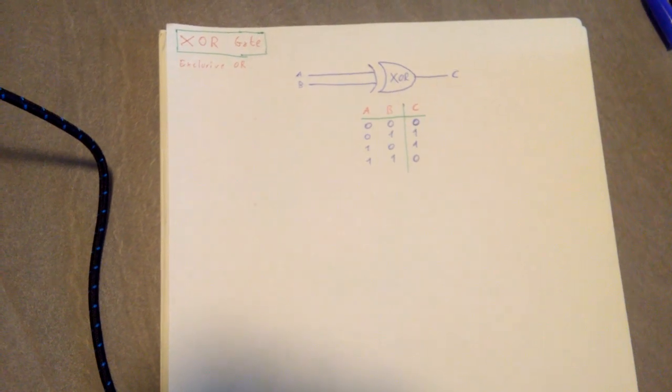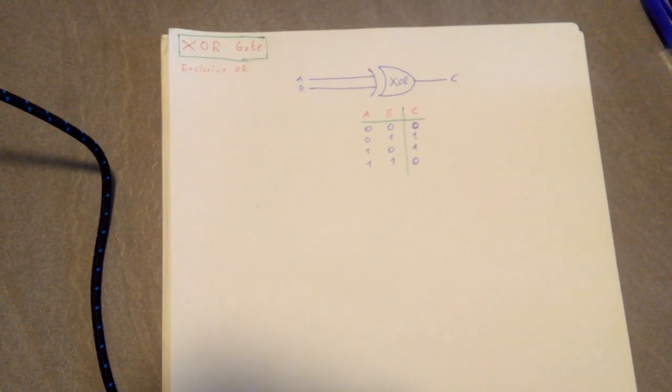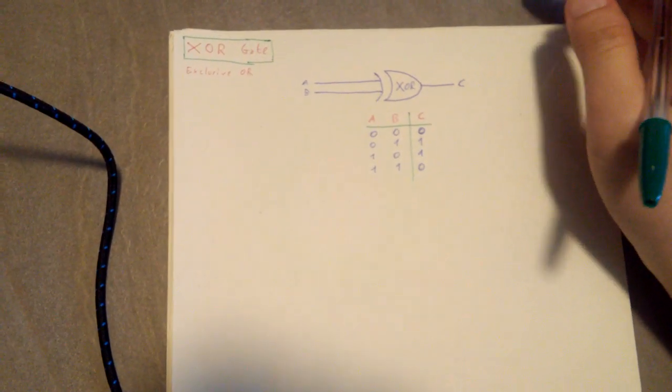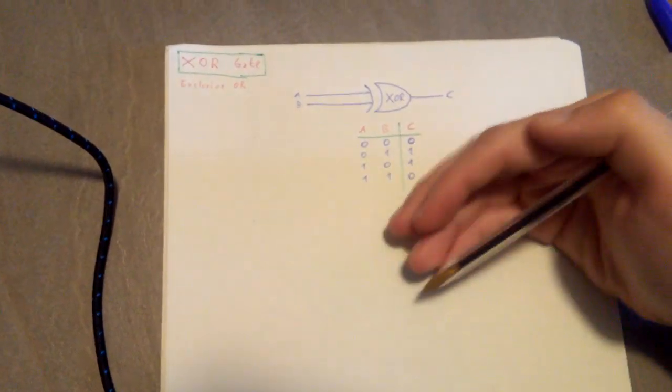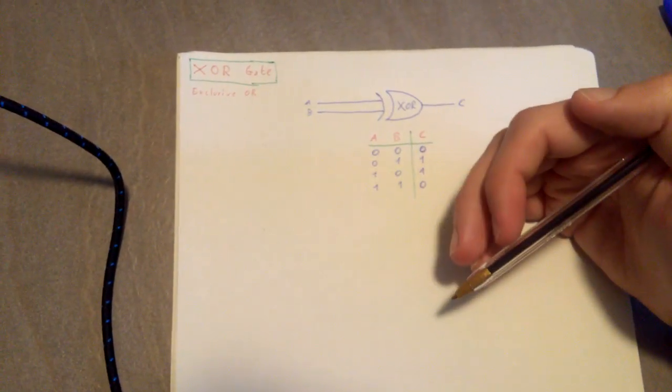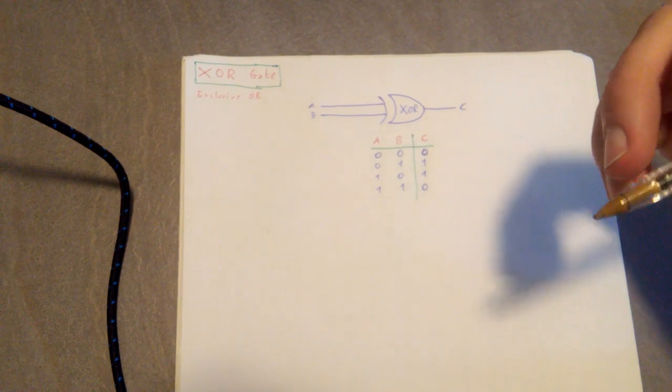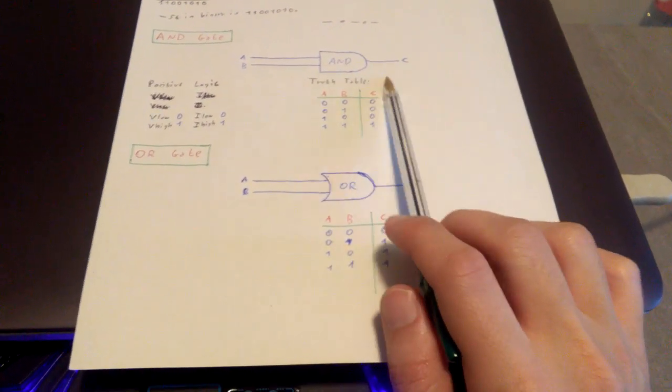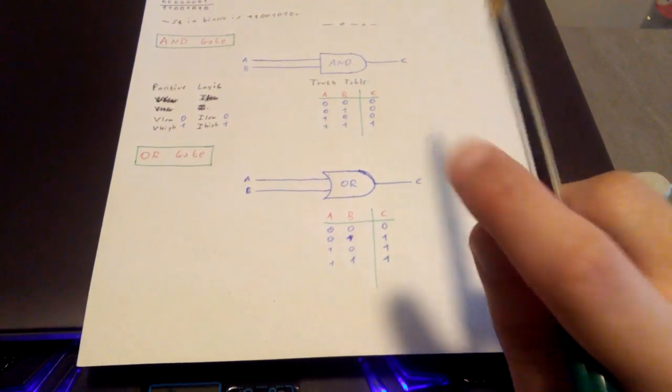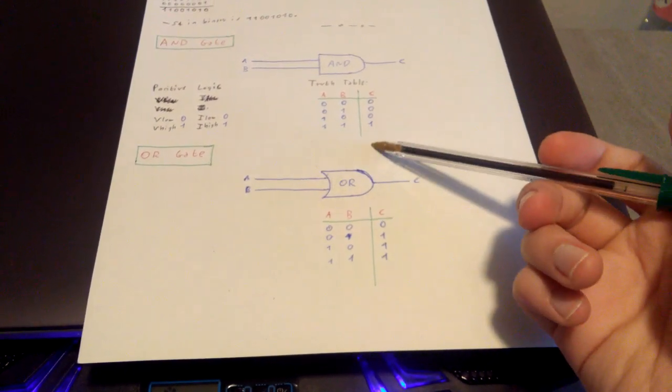We can just negate them, and just say, okay, what if I want the same thing as the AND gate that we have here, but I wanted negative, so I wanted the opposite of what the AND gate does.